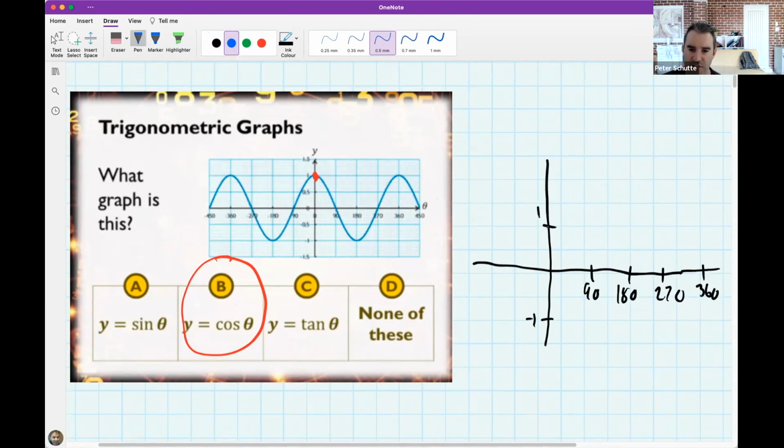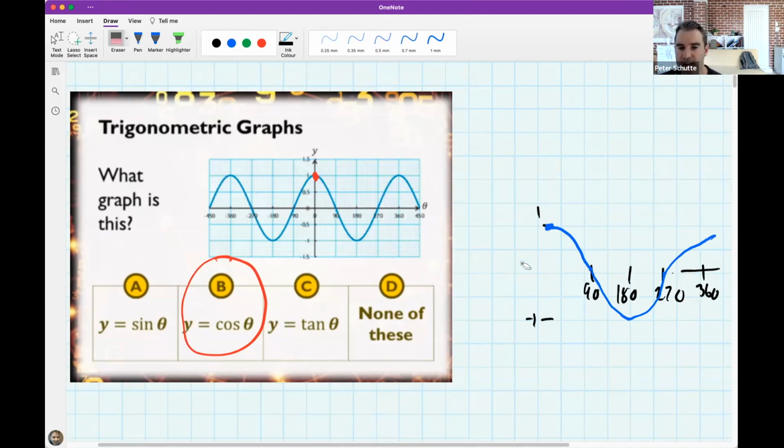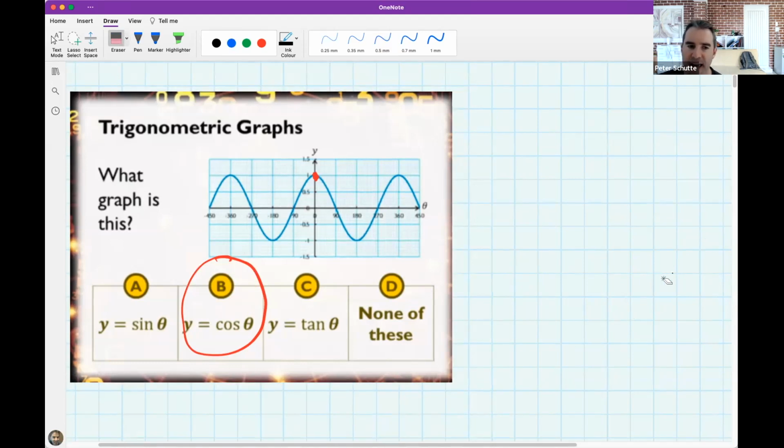The cos of 0, if you put it in your calculator, is 1, and the cos graph has a shape which goes like this. So the first one is cos. We're going to have a few more votes, and based on what I see in the votes, I will explain some of the shapes to you. Give me a thumbs up if you're happy to move on to the next question. Have another go.